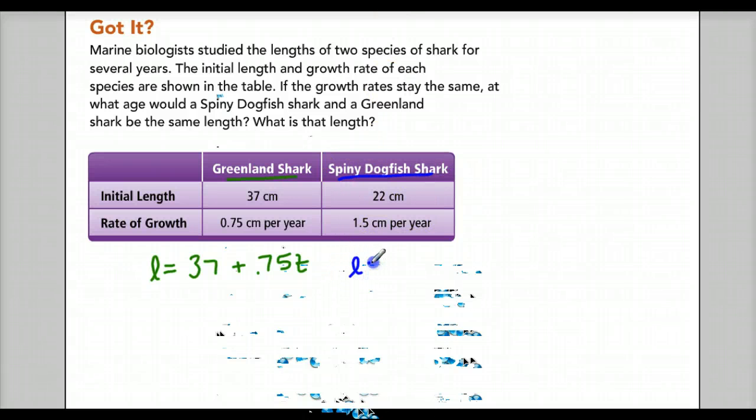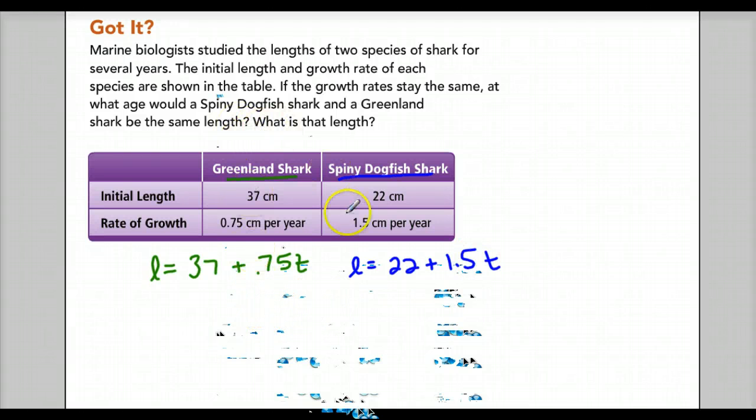We got the total length equals 22 plus 1.5t. And this means their initial length was 22 centimeters, and then each year they grow 1.5 centimeters, so that's 1.5 times t for time, 1.5 centimeters a year.